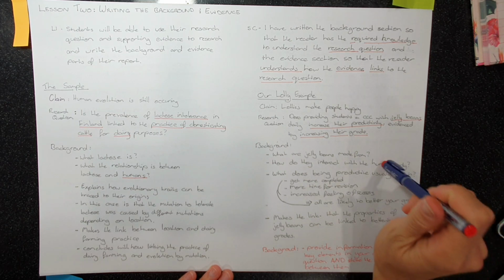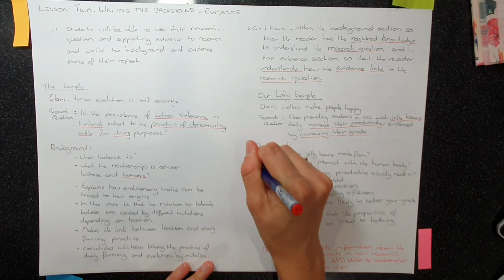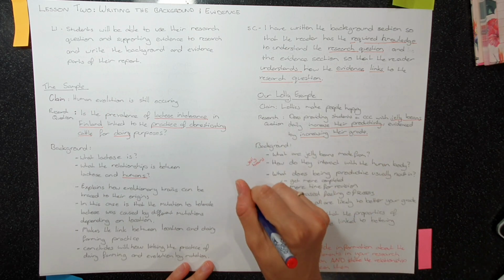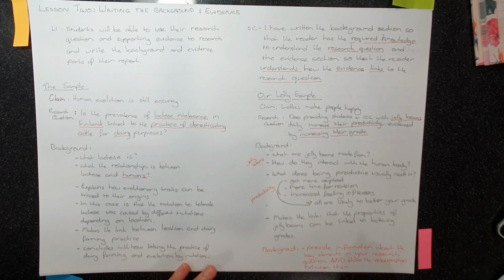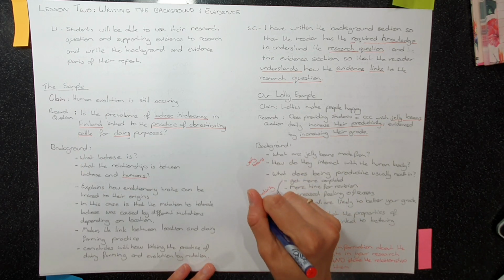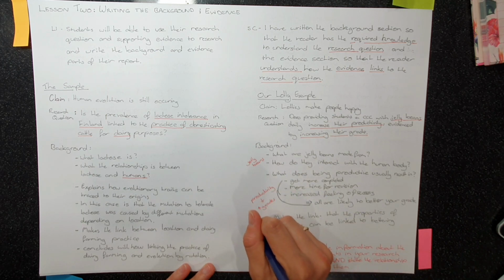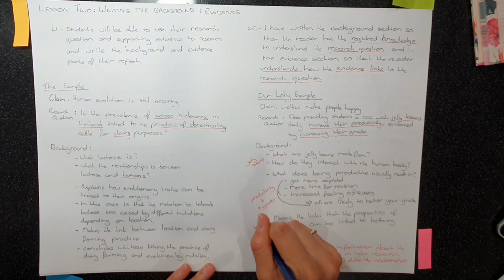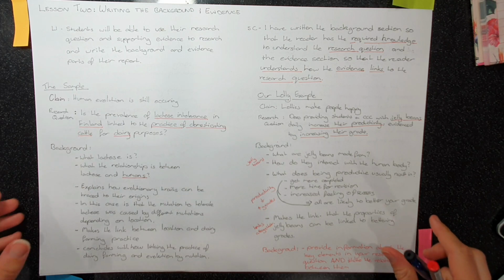So the key elements in this lolly example are jelly beans, productivity, which then links to increased grades, and then links them all together. And that is going to set your background information up for a good chunk of success. So that's the background information. Let's have a look at the evidence section now.